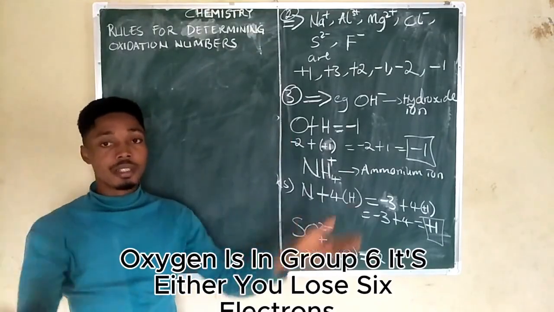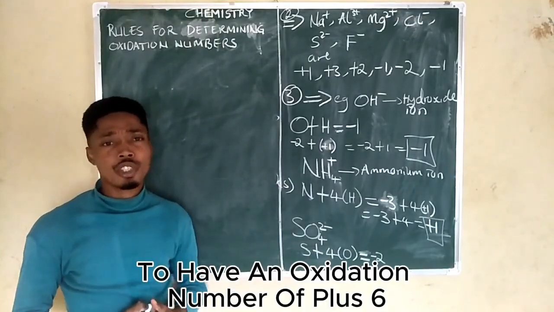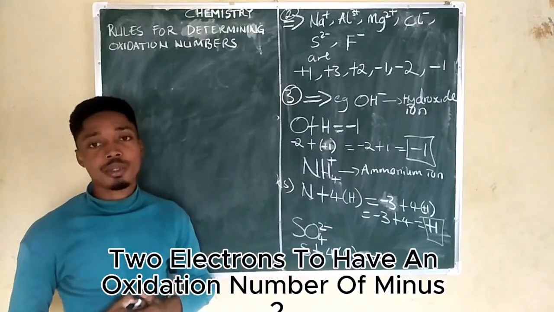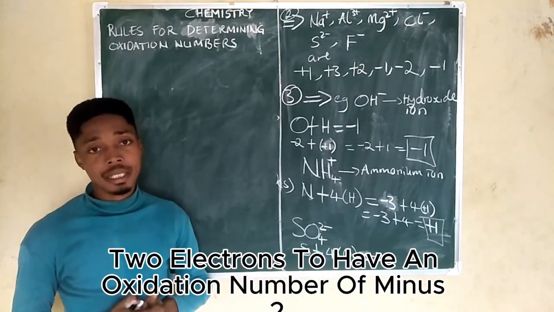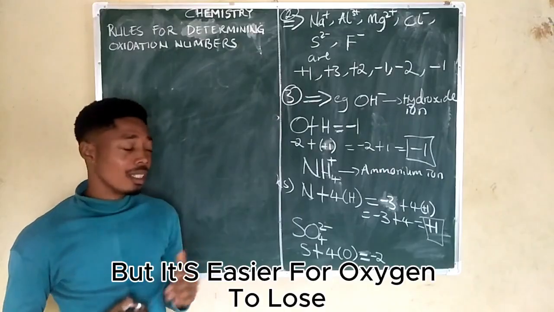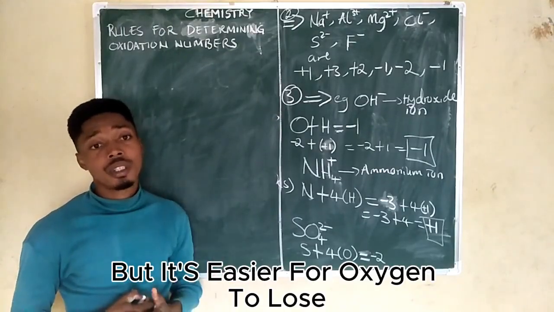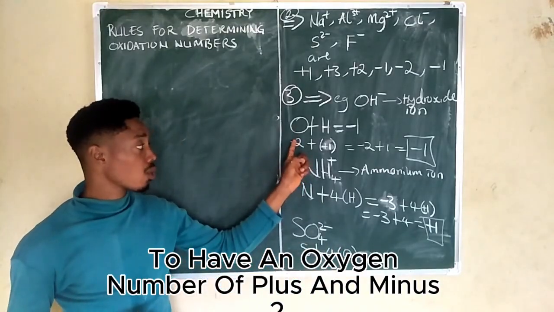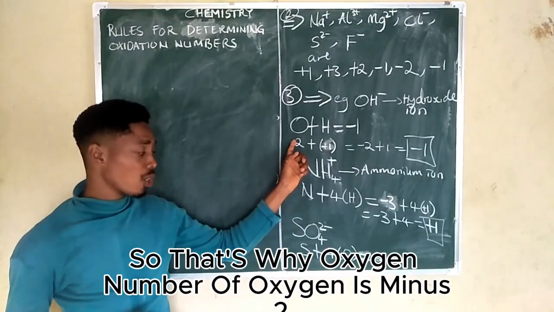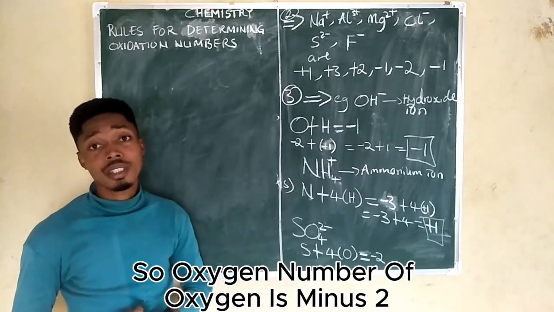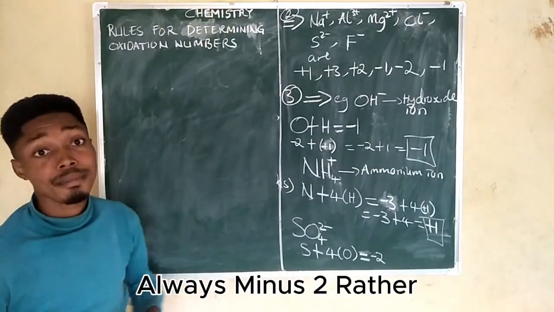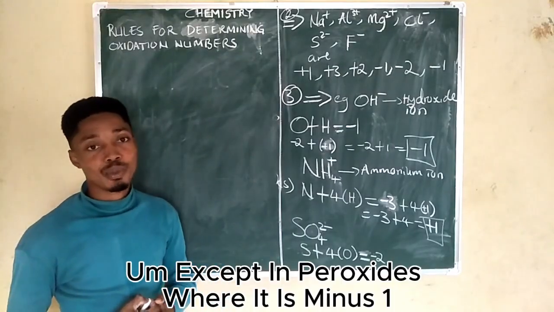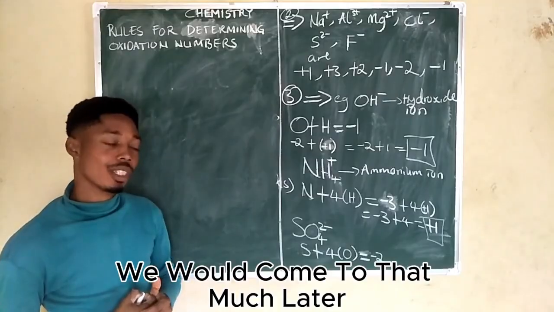It either loses 6 electrons to have an oxidation number of plus 6, or it gains 2 electrons to have an oxidation number of minus 2. But it's easier for oxygen to gain 2 electrons, to have an oxidation number of minus 2. So that's why the oxidation number of oxygen is always minus 2, except in peroxides where it is minus 1. We will come to that much later.